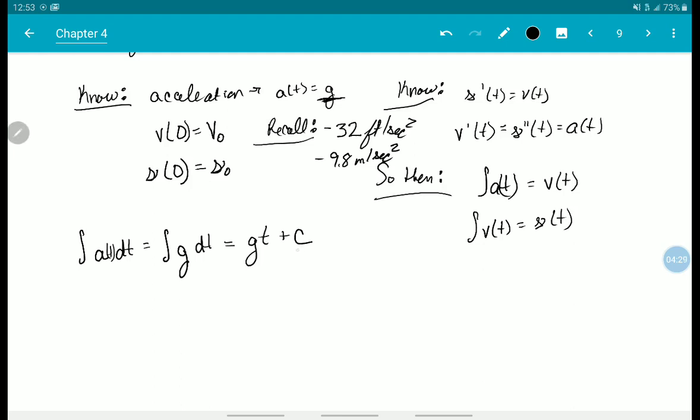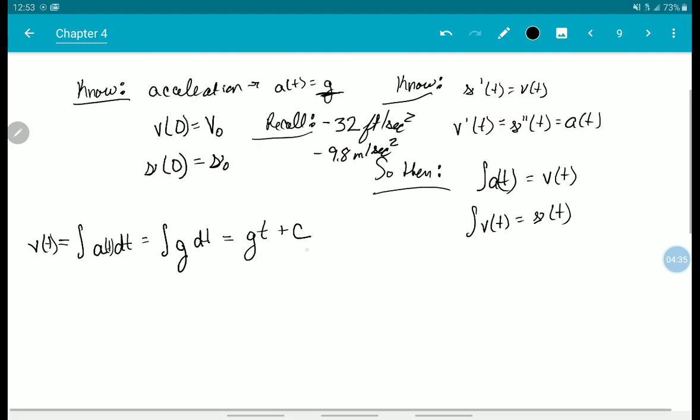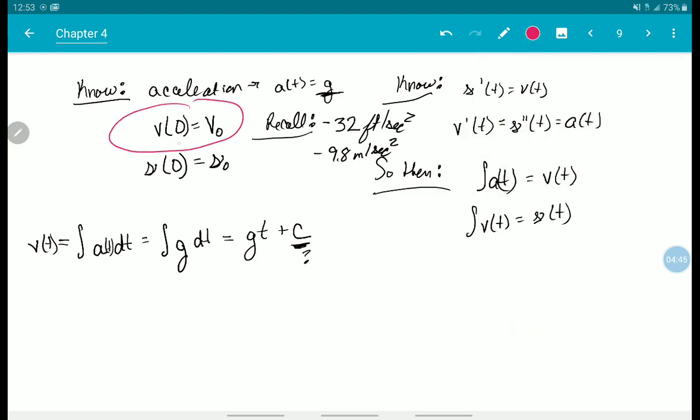So now we've got this, and remember, this guy's going to be the velocity. So here's our velocity equation, but we've got some kind of constant here. We've got to figure out what that guy's going to be. Well, we're going to go back to those initial conditions. We said that at time 0, we had some initial velocity, and it's that velocity V naught. So let's substitute that information in.